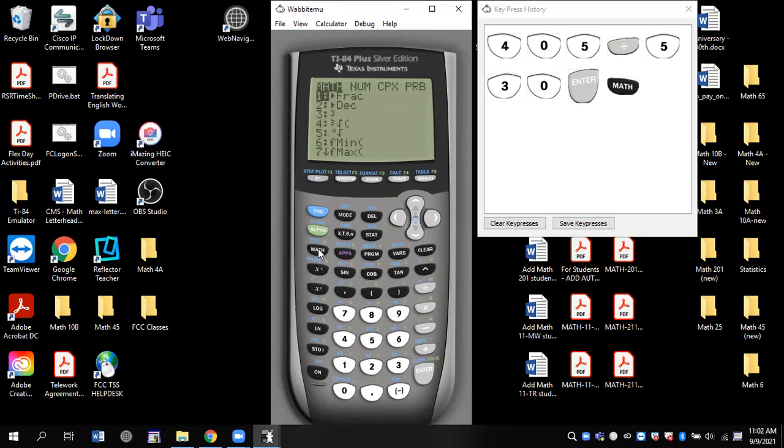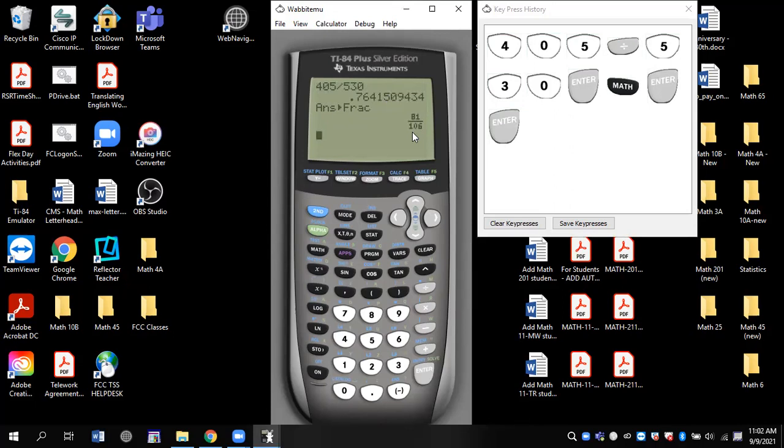And then it goes into the math menu. See the very first option, change to fraction. That's what I want. I hit enter. It says, oh, you want me to take your answer and change it to a fraction? Yes, I do. Hit enter one more time. So I said math, enter, enter. Oh, look at it. It was reducible. I had no idea. There it is. It changes the decimal to a reduced fraction for you automatically.